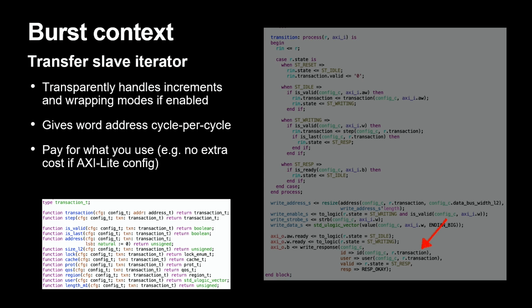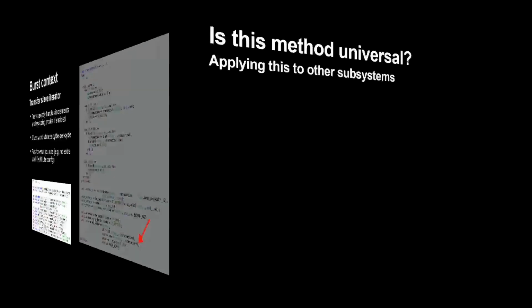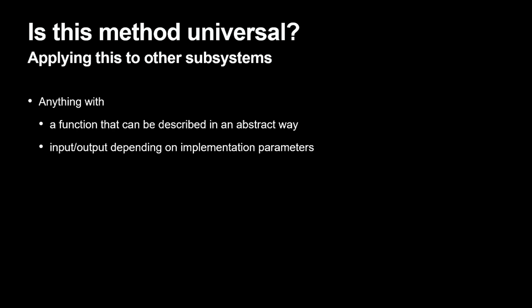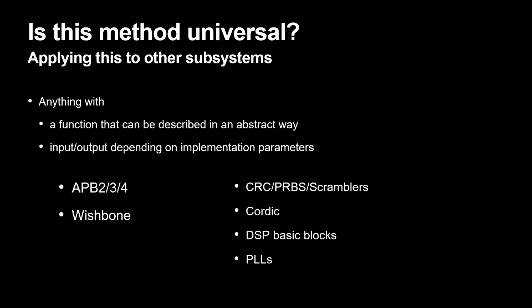And we take the address at each iteration from the transaction block, and to generate the response back, we have to echo back ID and user, and we take them from the transaction context. Is this totally universal? Well, maybe not, but it applies to a big bunch of things, including data processing.